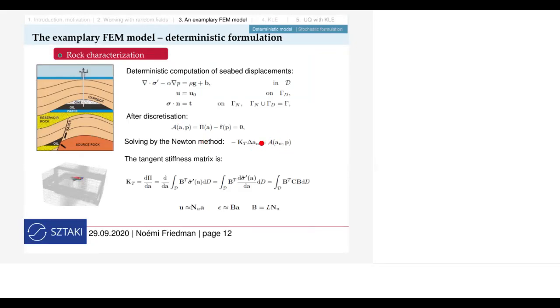So this is the linearization of the problem.